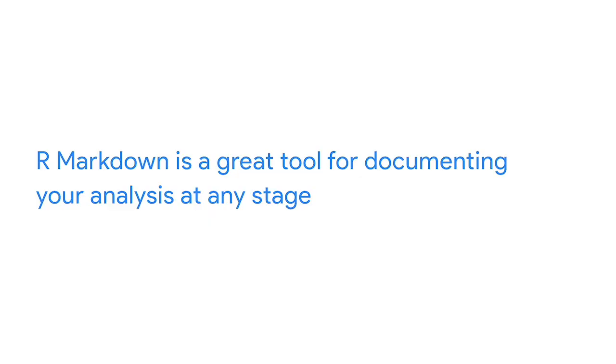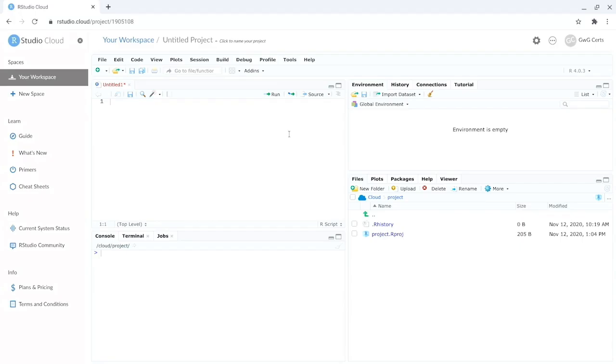As a reminder, R Markdown is a great tool for documenting your analysis at any stage, but especially when you've completed a project. Let's open up RStudio and get started with R Markdown. Feel free to follow along with the video and try it out on your own later. Or go ahead and join us now in your own RStudio account.